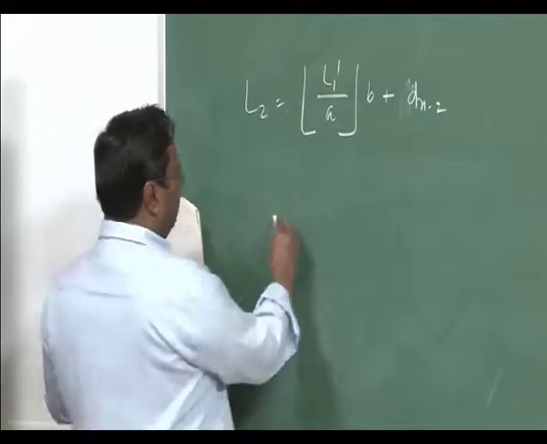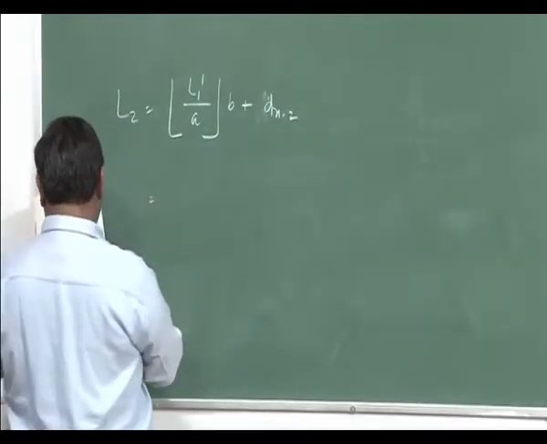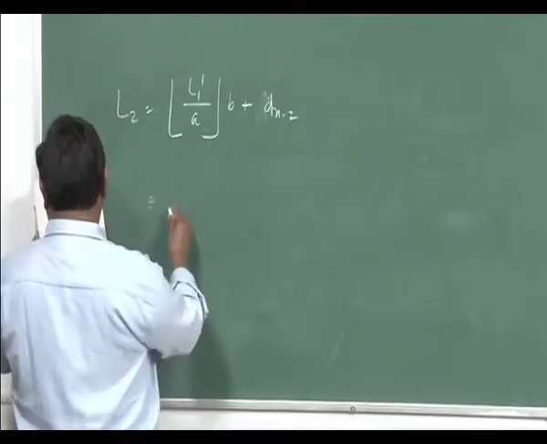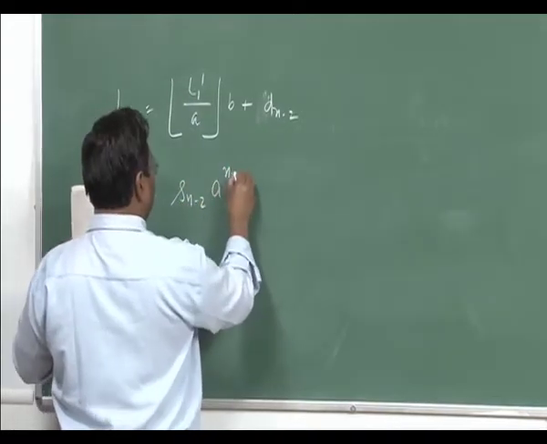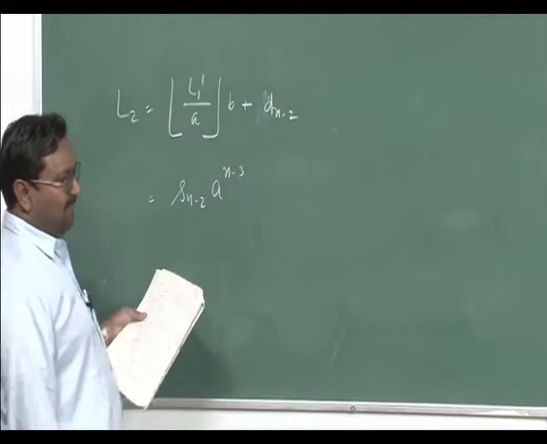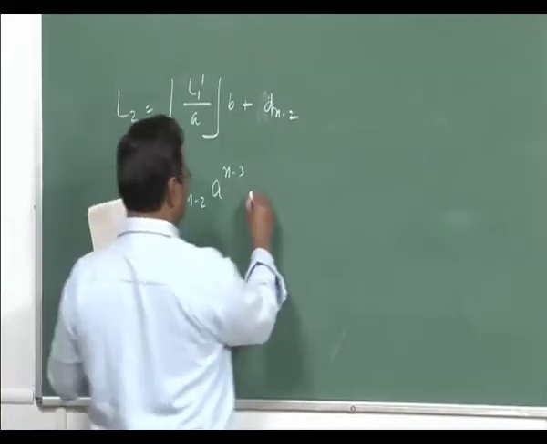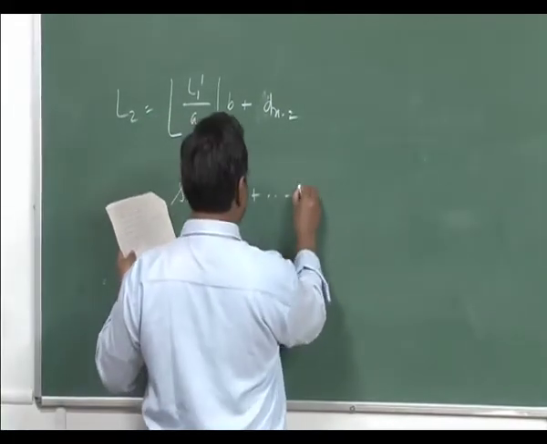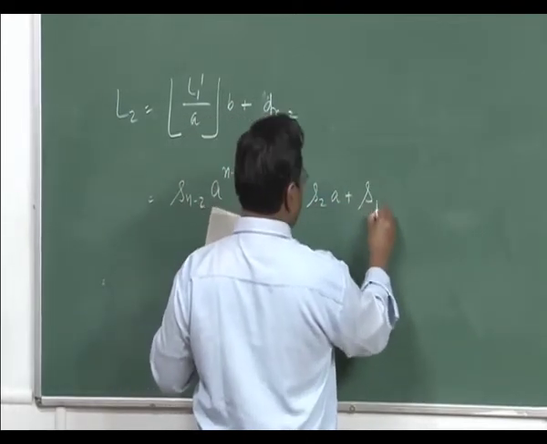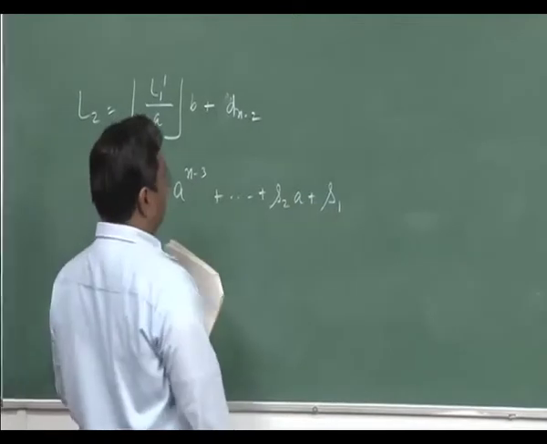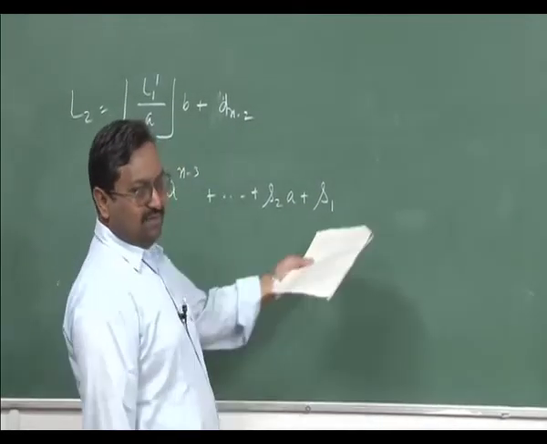So I can write down that whole expression here, and this will turn out to be Sn minus 2. I have divided by A, so again the powers will reduce. Okay, that will be the floor function.